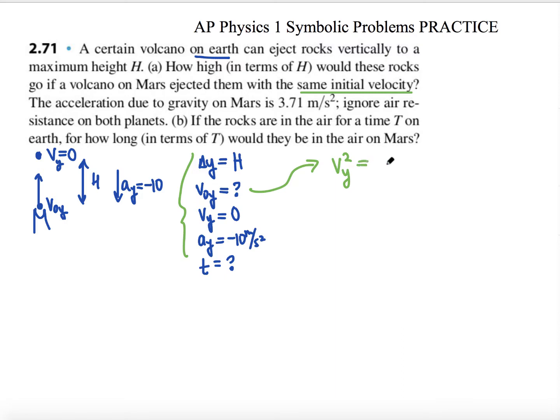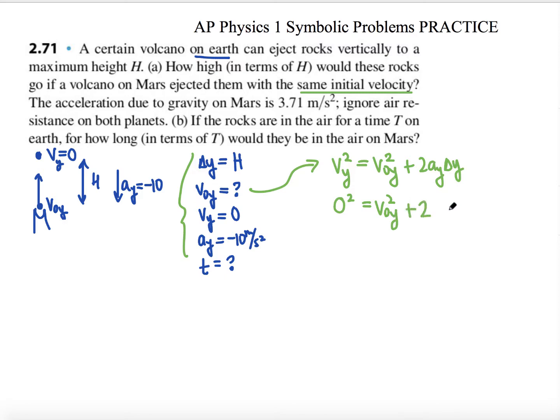So final velocity squared equals initial velocity squared plus 2 times acceleration times delta y. In this case, I can go ahead and substitute in things to make it a little simpler. My final velocity is 0, and 0 squared is 0. My initial velocity is what we're looking for, so we just have initial velocity squared.